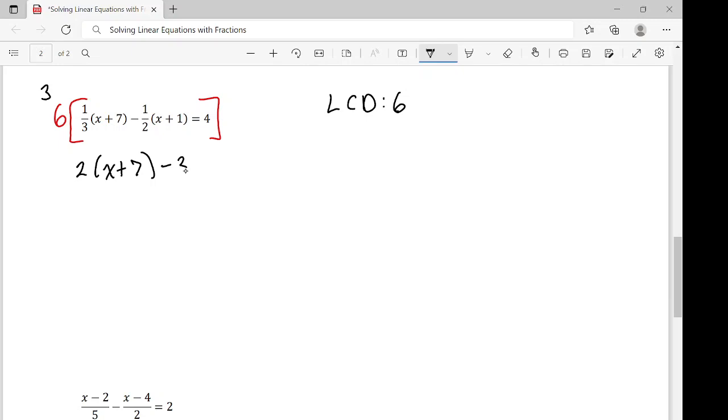Again, the 3 does not go inside the parentheses. And then last time, 6 times 4, because this has no denominator to cancel out, so it's going to give us 24.